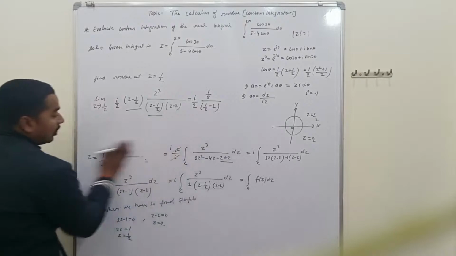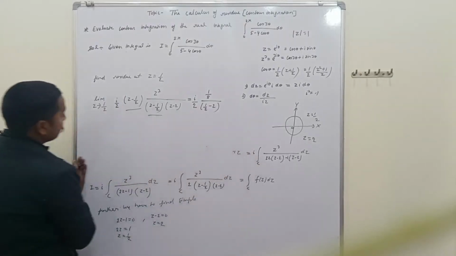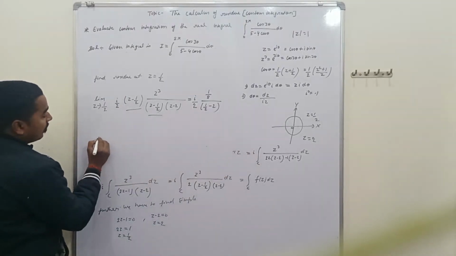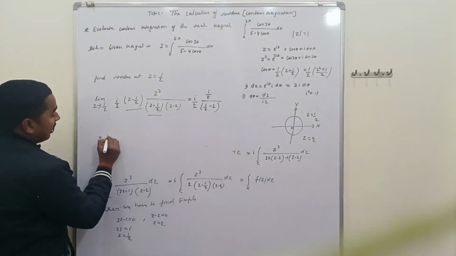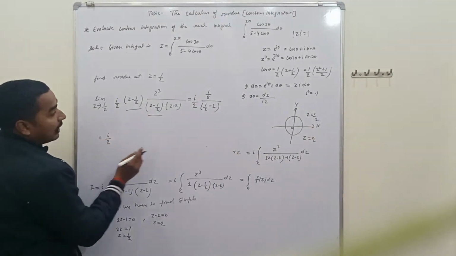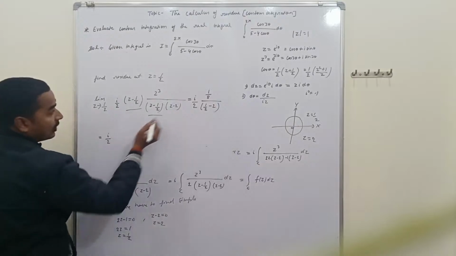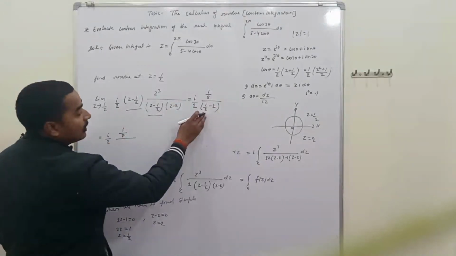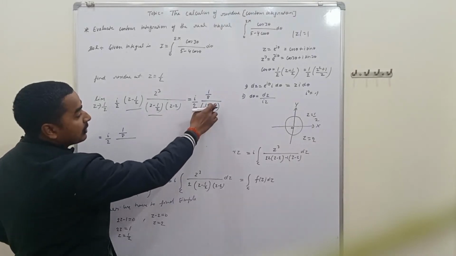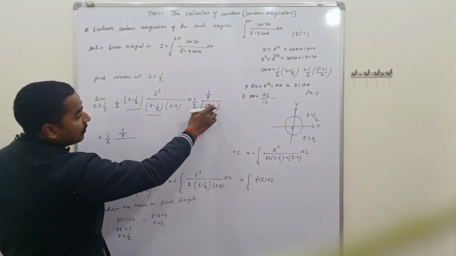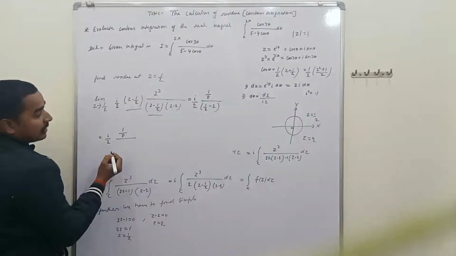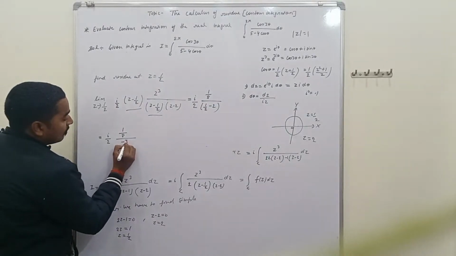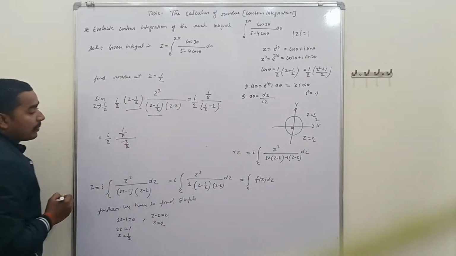Further we solve: i by 2 into 1 by 8 upon, taking LCM, 1 minus 4 over 2, that is minus 3 by 2.